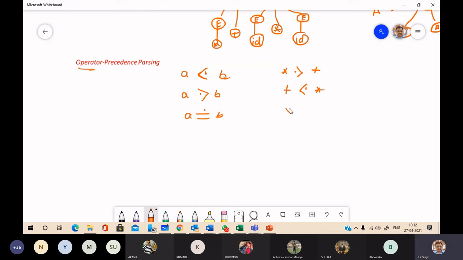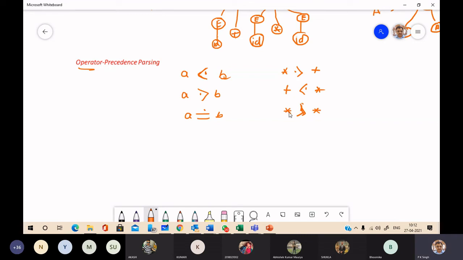But if we have this, so just see, this operator has precedence over this operator, meaning the multiplication operator has precedence over the multiplication operator.